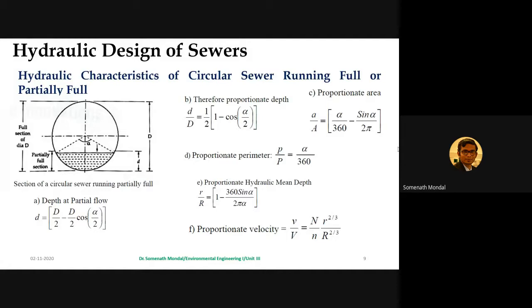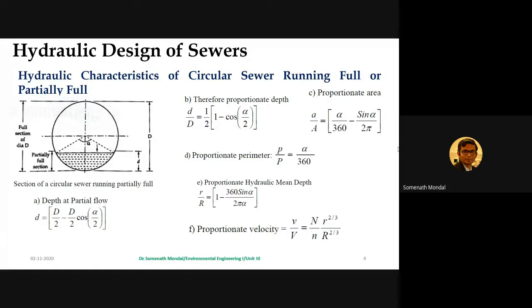Now when the pipe runs partially full at a depth, let's say the small d, which I have mentioned in this particular figure, then the depth of partial flow is given over here: d equals capital D by 2 minus capital D by 2 cos alpha by 2. You can simply derive these things from the geometry, and you will end up getting what I have written over here. Where alpha is the central angle in degrees, that is also shown in this particular figure. So alpha is also known to you people.